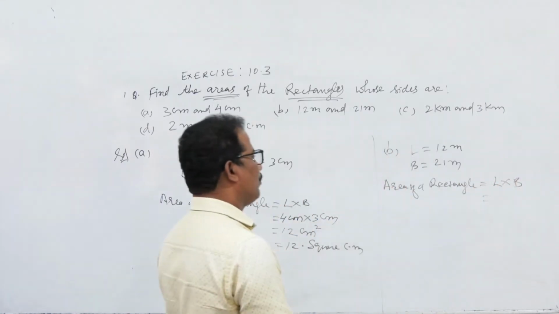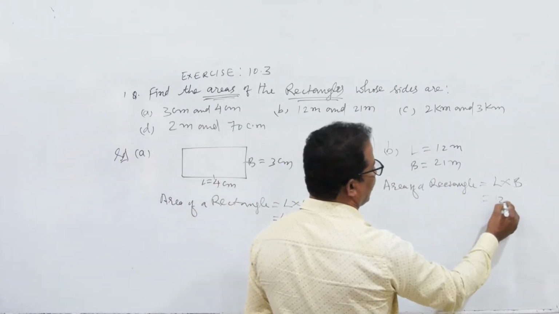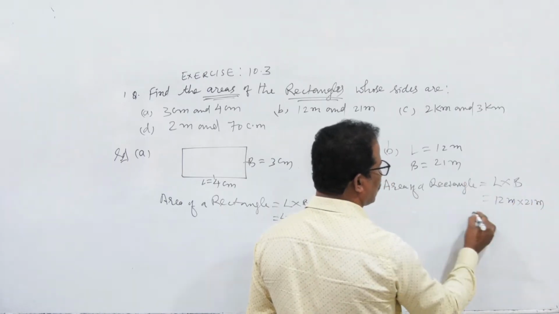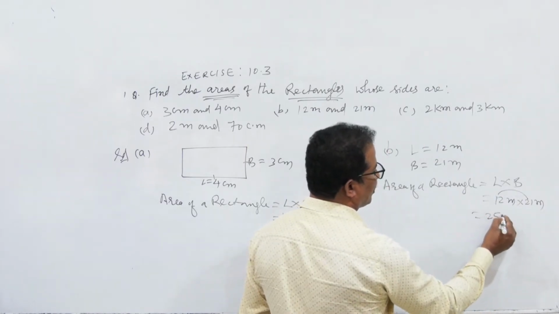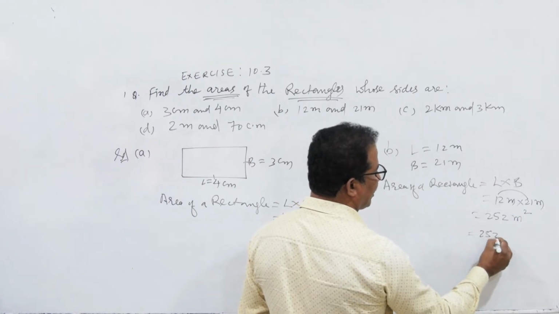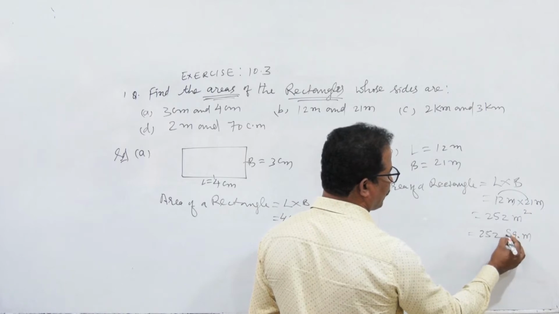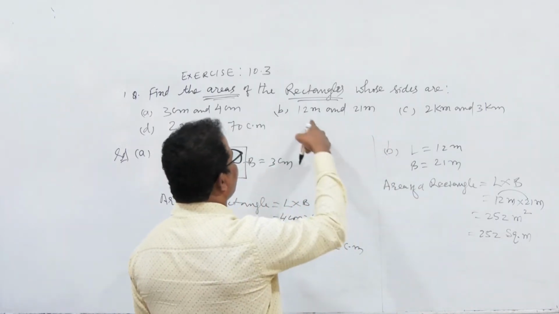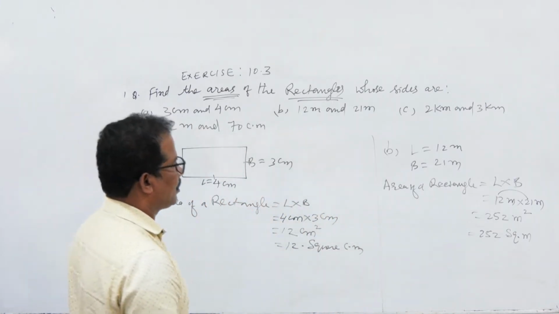Length is 12 meter and the breadth is 21 meter. If you multiply 12 and 21, we get 252 meter into meter, meter square. We can also write it as square meter, sq. m. So the total area of question B is 252 square meter.